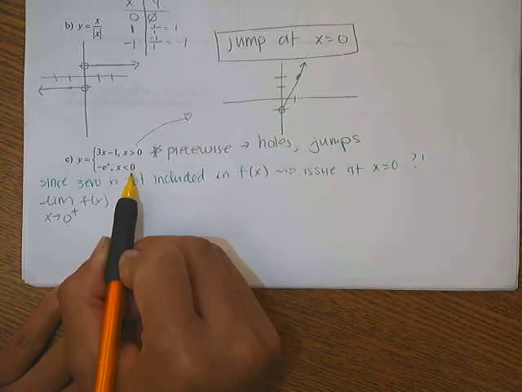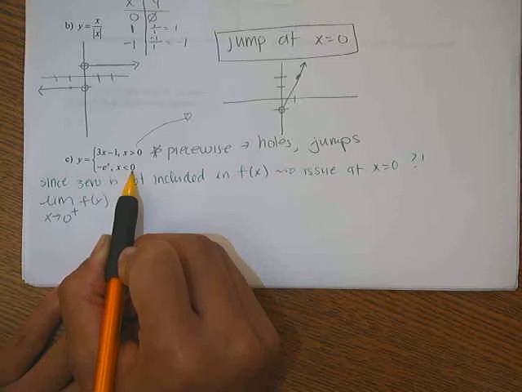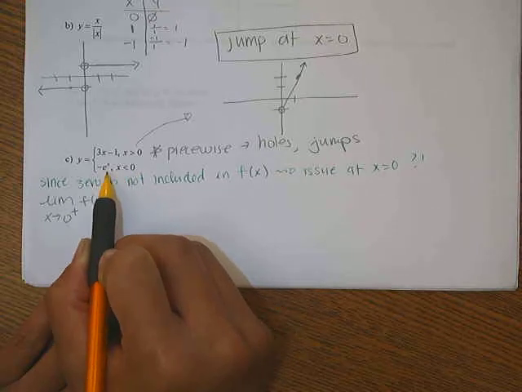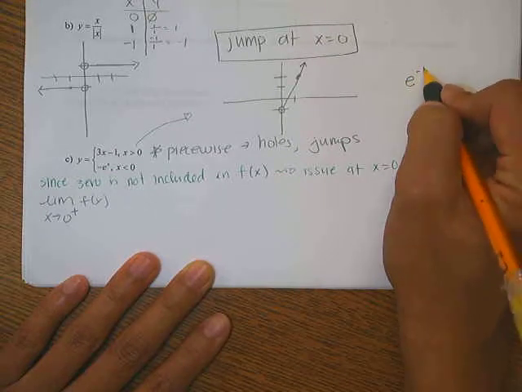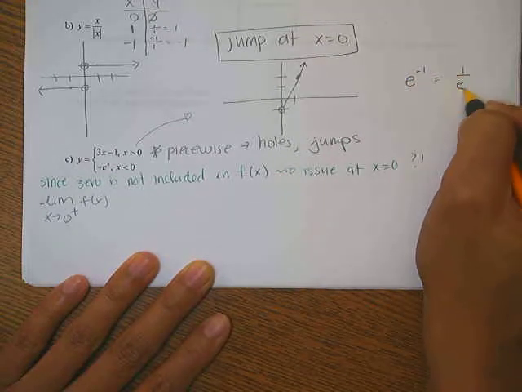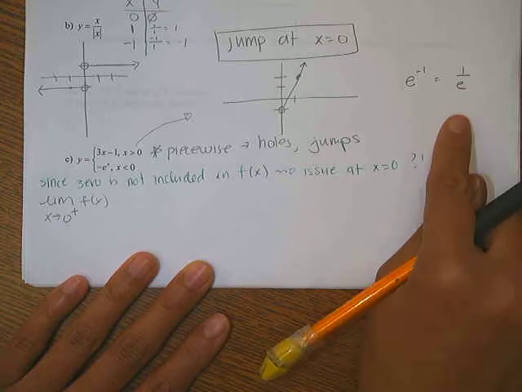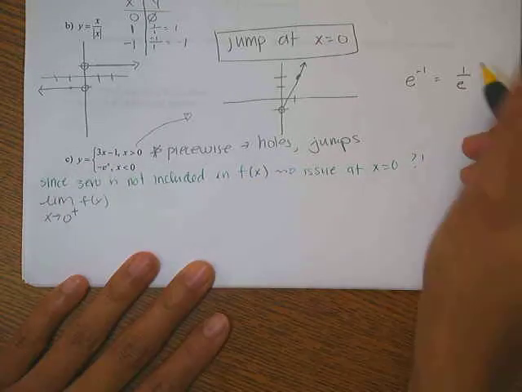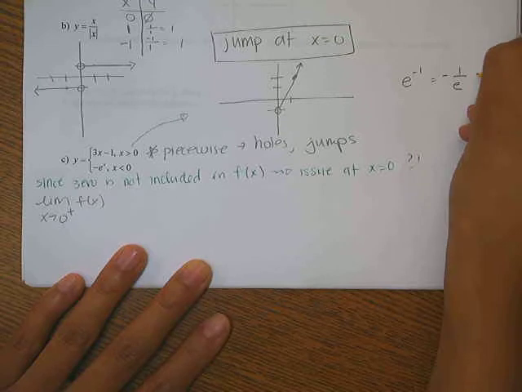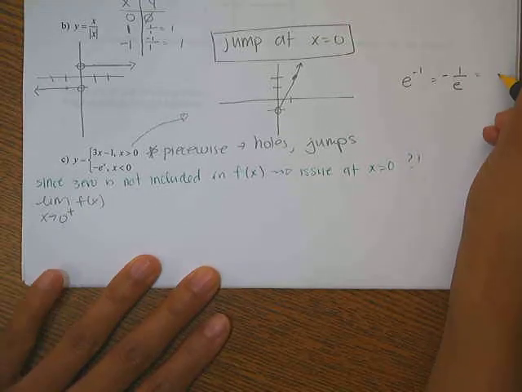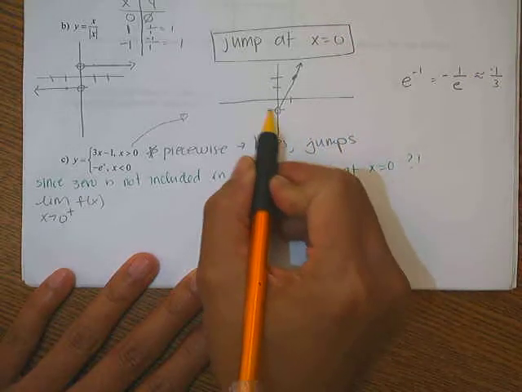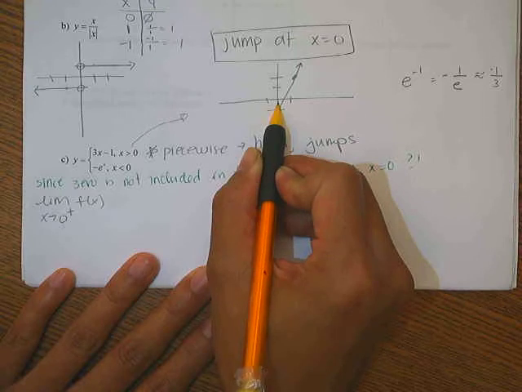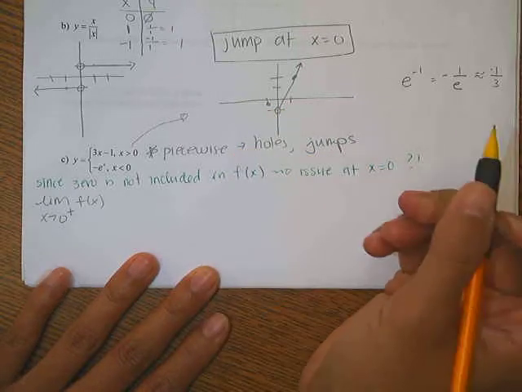When x is -1, e to the -1 equals 1 over e, and multiplying by negative gives -1 over e. Since e is about 2.718, that's about -1/3. For graphing purposes, I'll plot that point right there.